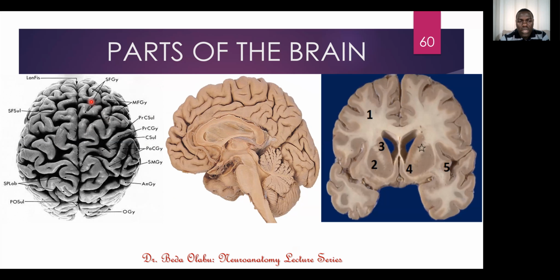If you narrow down to the hemisphere, we agree that the hemisphere has three components. If you look at it in cross-section, the cerebral cortex, the outer layer of gray matter there, the cerebral white matter, and the basal nuclei. You can see that the hemispheres are still connected by the corpus callosum here.